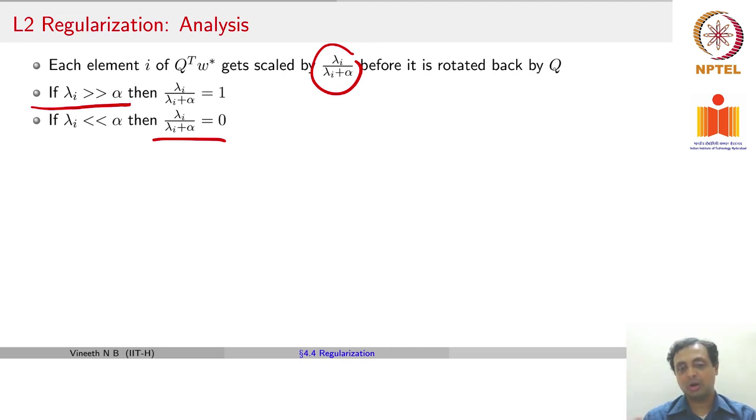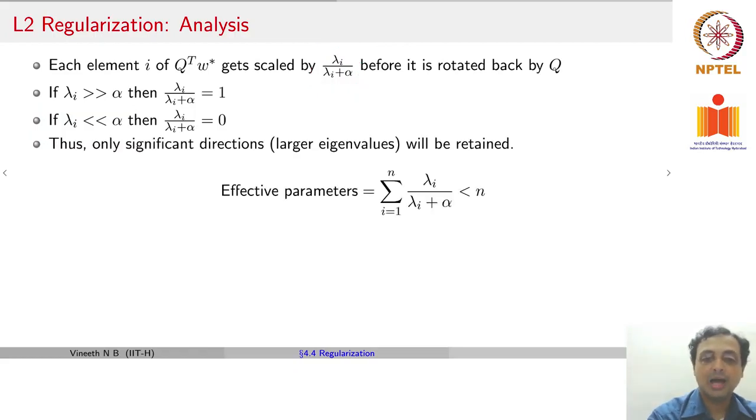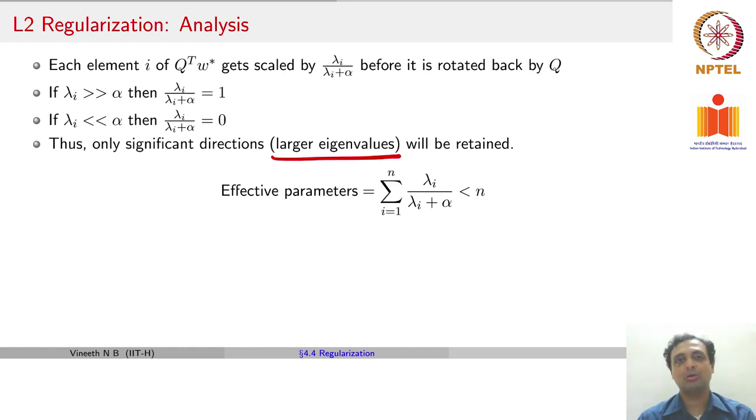So those components of W star may just become 0 after this transformation. Only when we have large eigenvalues will the W star components be retained in W tilde, which is the new solution for your regularized loss.